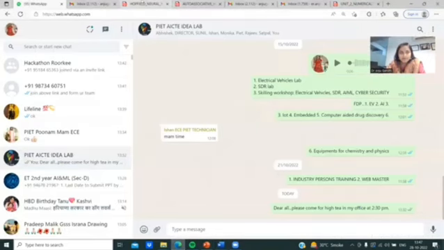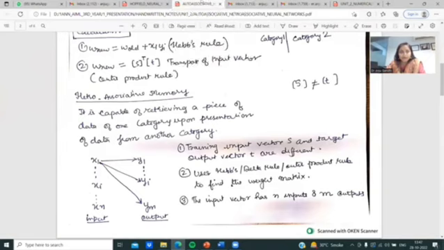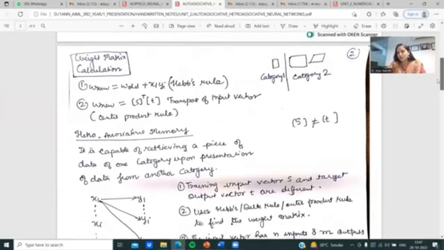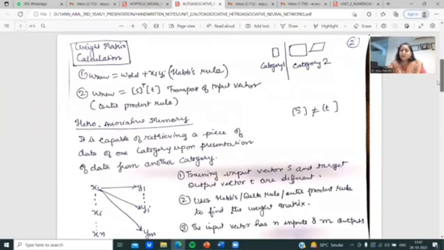Now, let us discuss what we have in a hetero-associative memory, right? So let me discuss the definition and the structure of the hetero-associative memory. In the auto-associative, we can recognize only a single category of images, right?